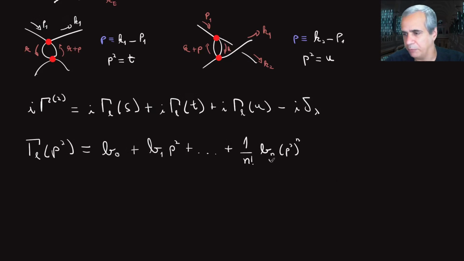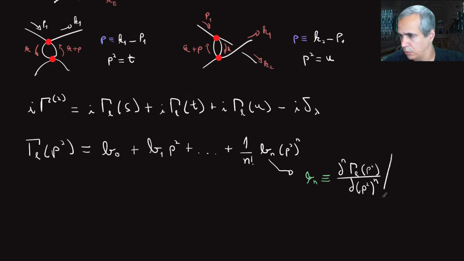And Bn, of course, is just the derivative of gamma L of p squared near p squared equal to 0, at p squared equal to 0.